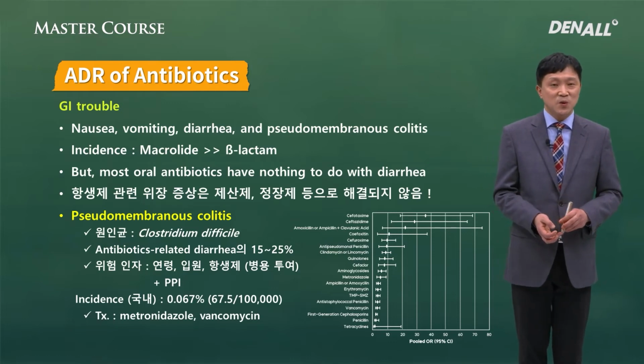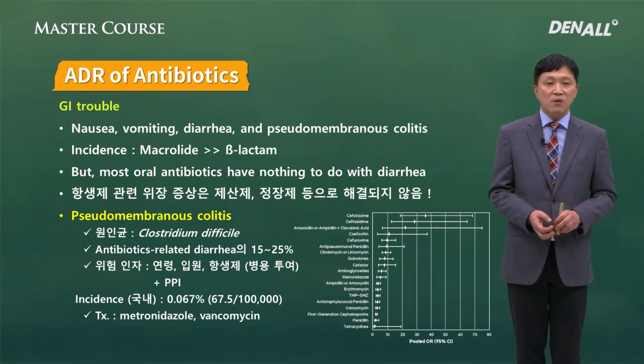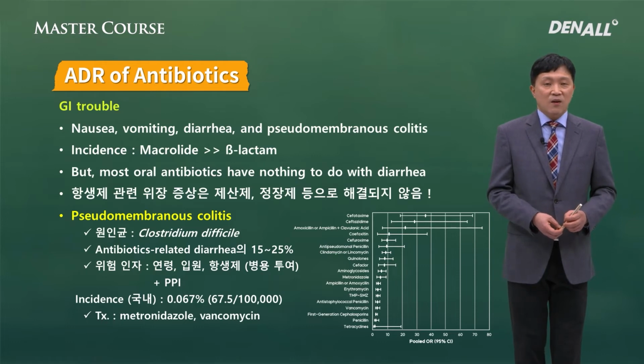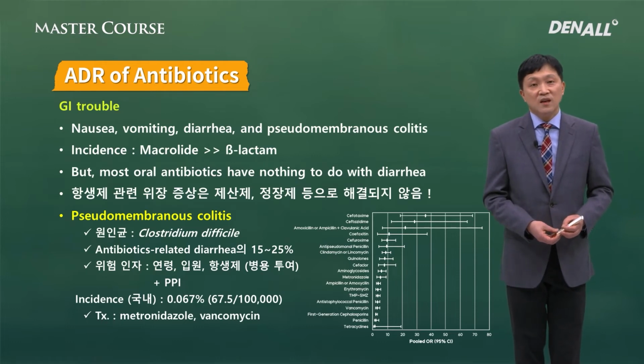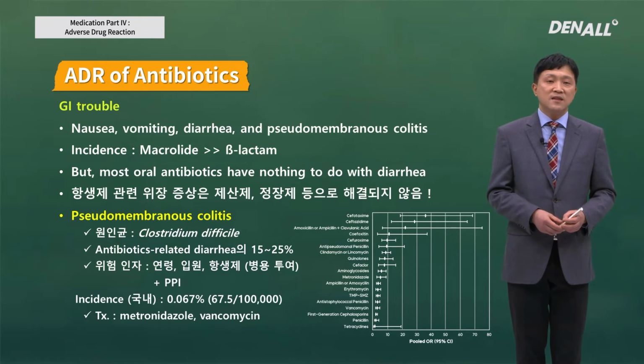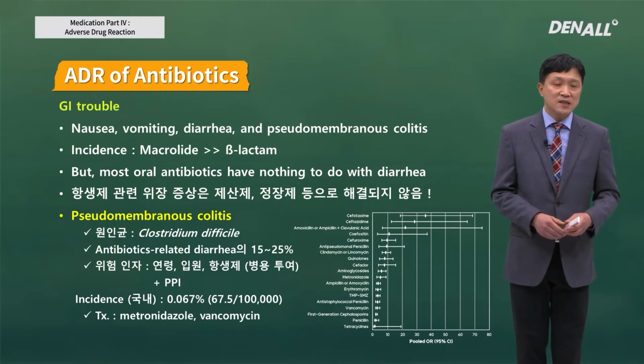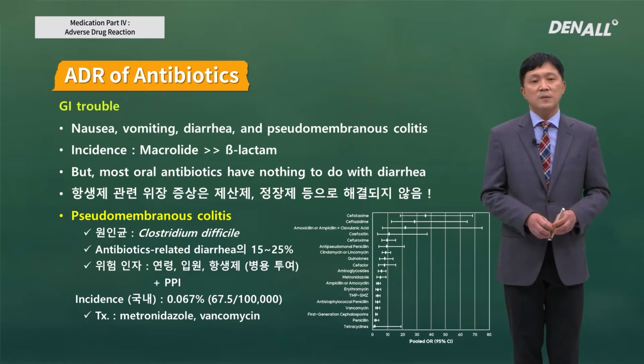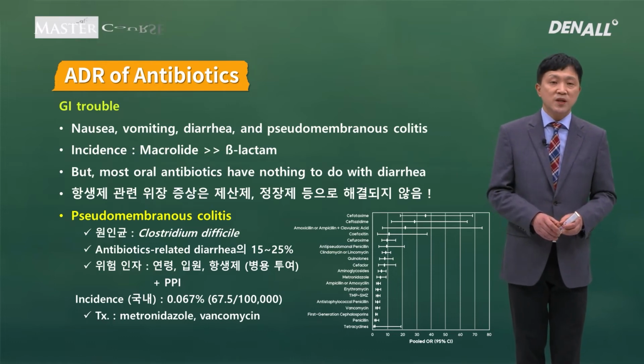Incidence rate is important. I want to say that the incidence rate in Korea is 67.5 per 100,000 people. That's 0.067%. We will hardly see such cases. The incidence rate is high among hospitalized patients but very low among ambulatory patients.